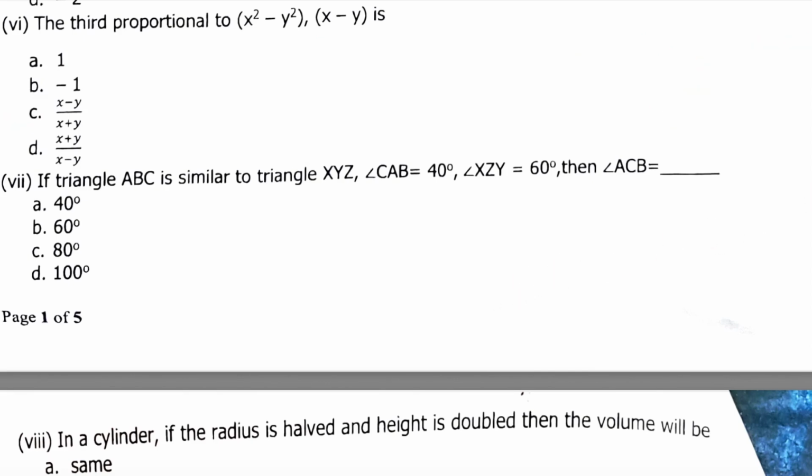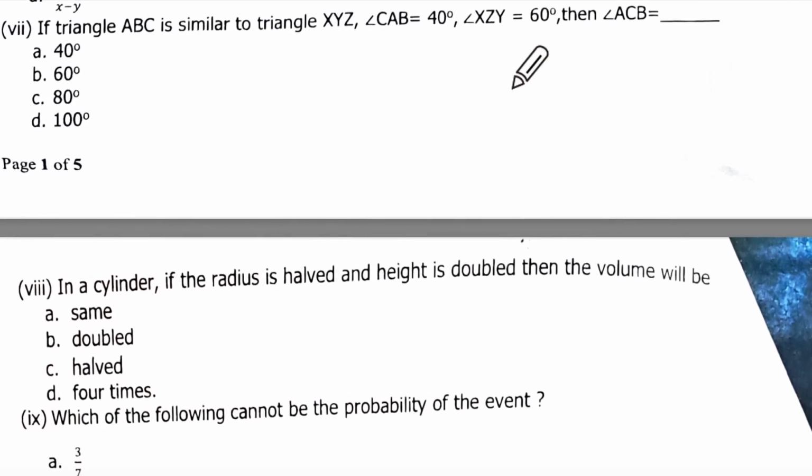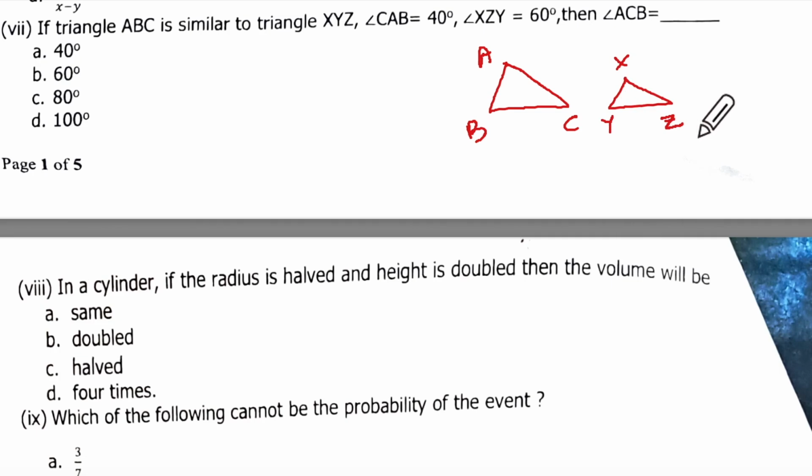The seventh one was easy. Was seventh one easy? Yes, sir. ABC is similar, so you will show ABC and you will show XYZ. Angle CAB is 40 degrees.